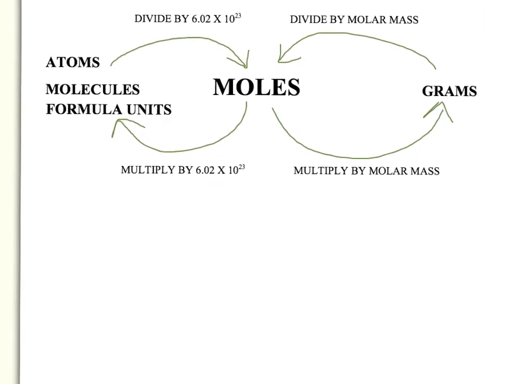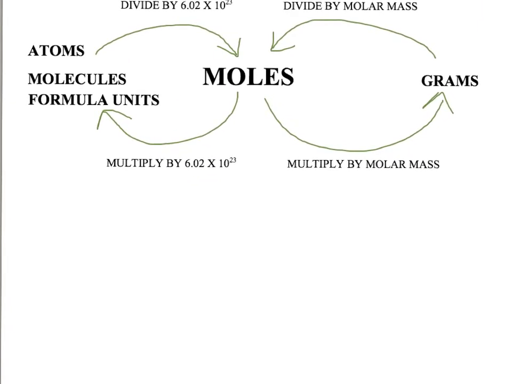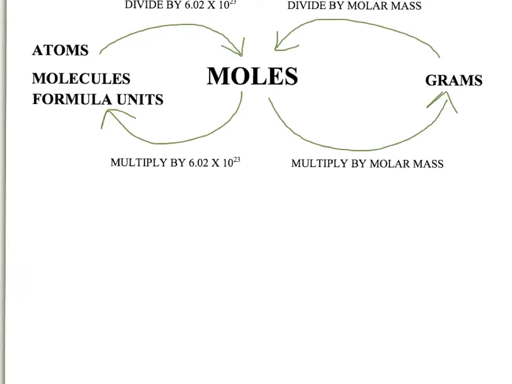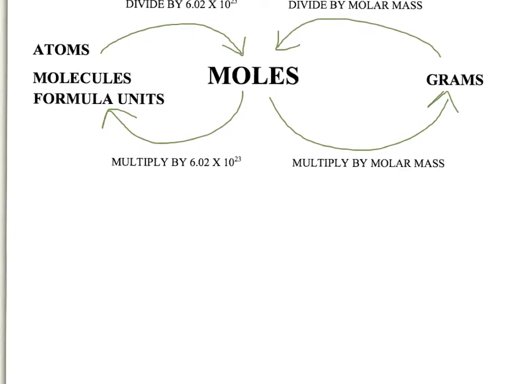So let's first talk about what you guys have done before, and then we'll talk about how it's going to be a little bit different when we're working out the problems today. So in the past, you have done what are called one-step mole conversions, which is where you start with one unit on this sheet, either grams, moles, or numbers of particles, and you converted to the one that was right next to it.